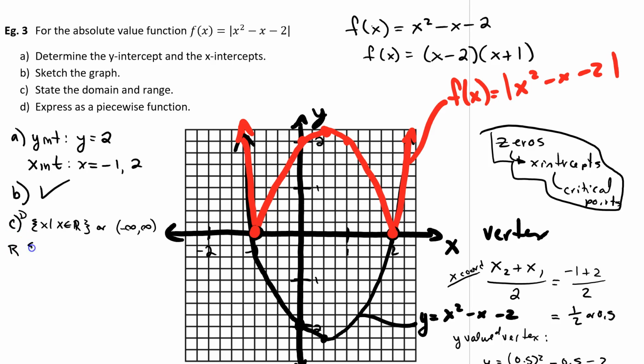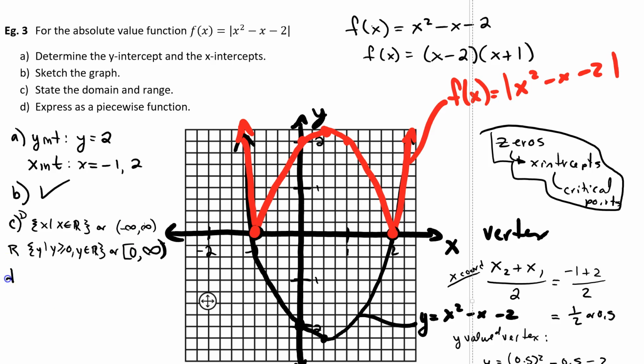For range, I'm going to say y such that y is greater than or equal to 0, y an element of the reals. Or we can simply write 0, comma, positive infinity, just like that. As long as you don't do one in interval notation and then one in set notation, as long as you're consistent with your notation, that's all I care about.